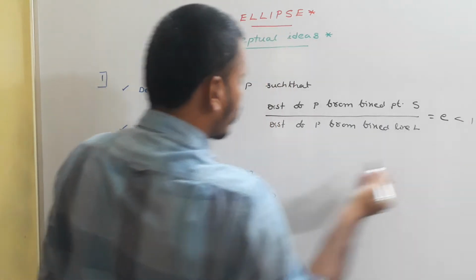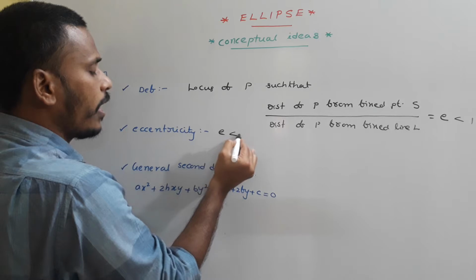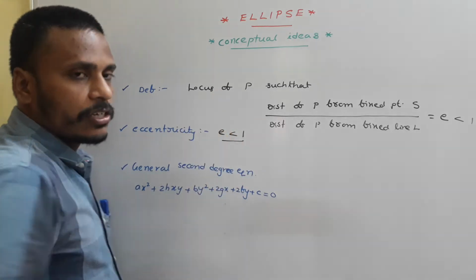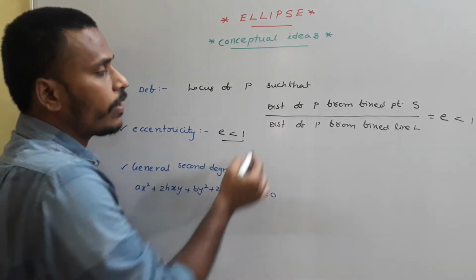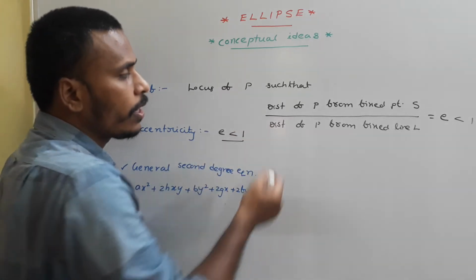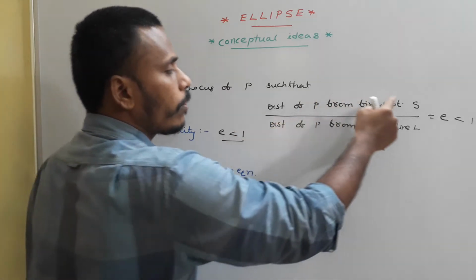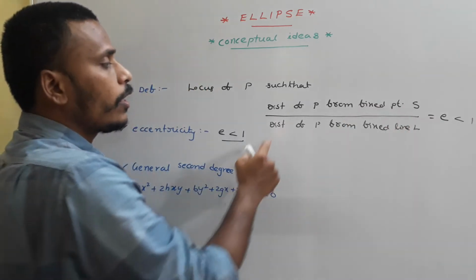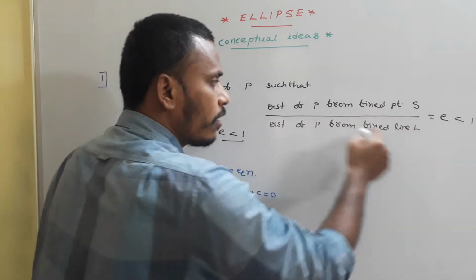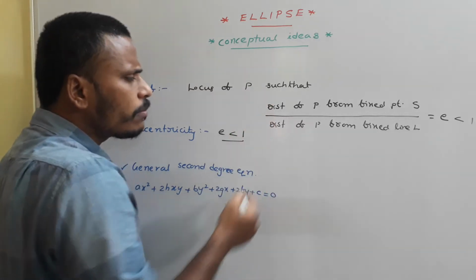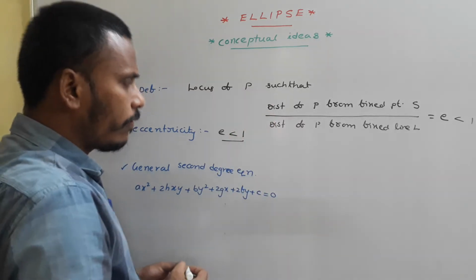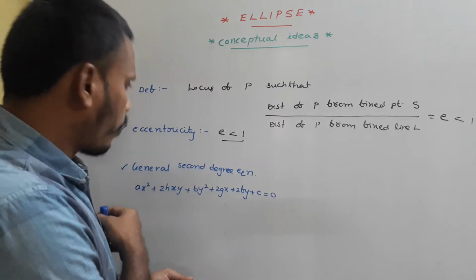This ratio is considered the eccentricity. The eccentricity of the conic section ellipse is less than 1, and it is defined as this particular ratio. So to define an ellipse, we initially need a fixed point and a fixed line.